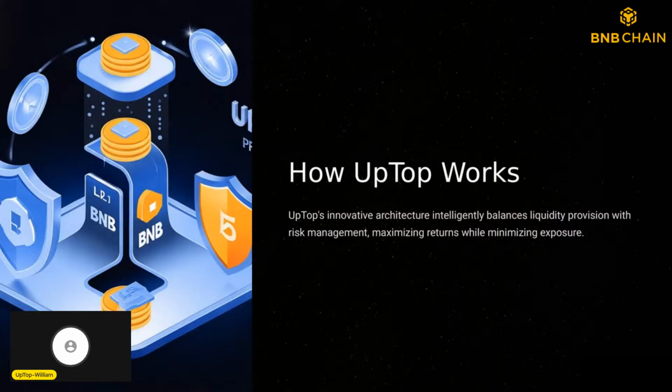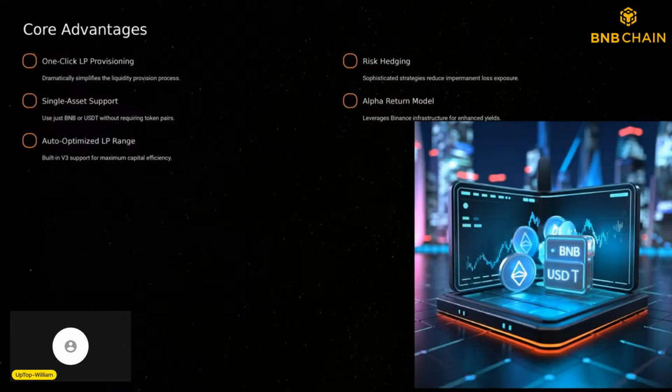In the next one, I will introduce how our platform works. At UpTop, we balance return and risk by integrating a smarter liquidity management mechanism. It's not just about making things easy. It's also about making them smart and more profitable. Here are some core advantages of UpTop.